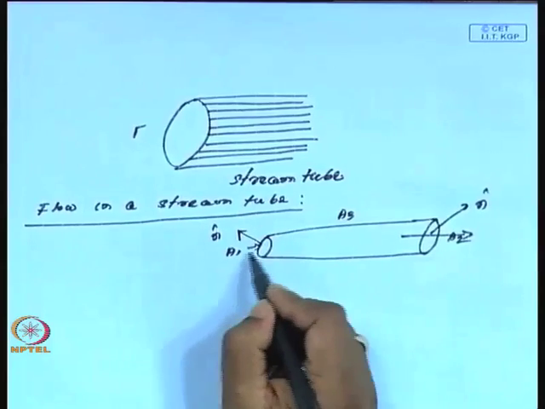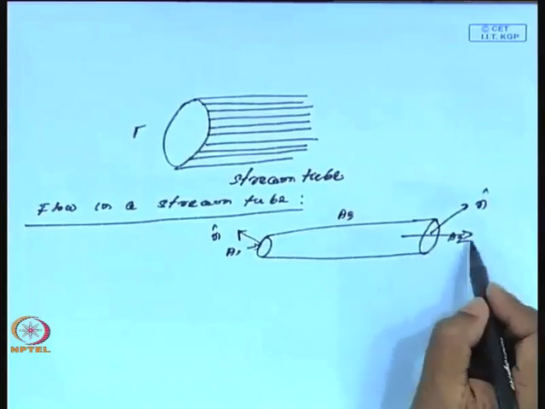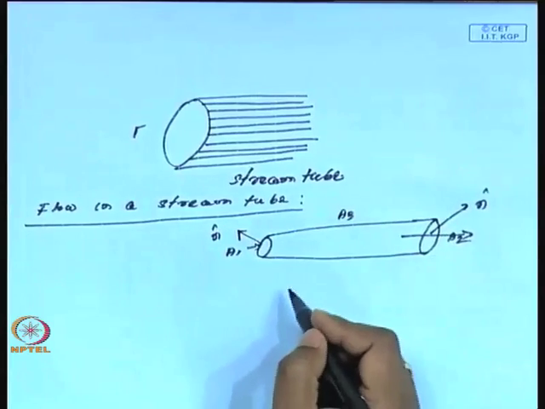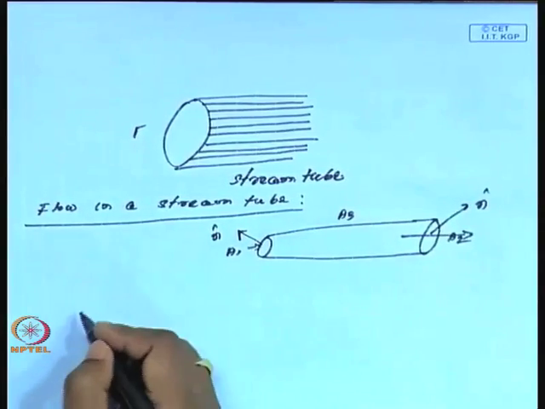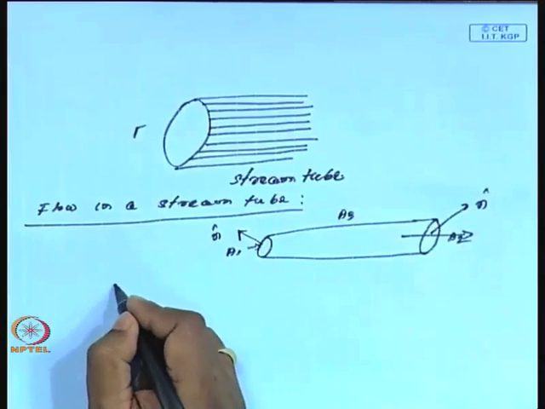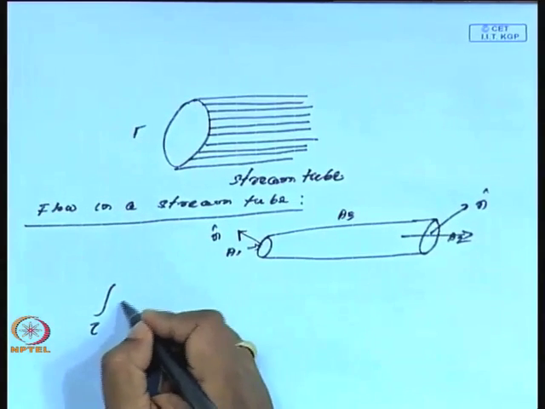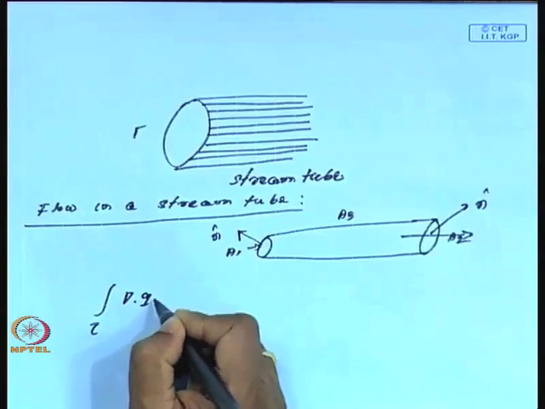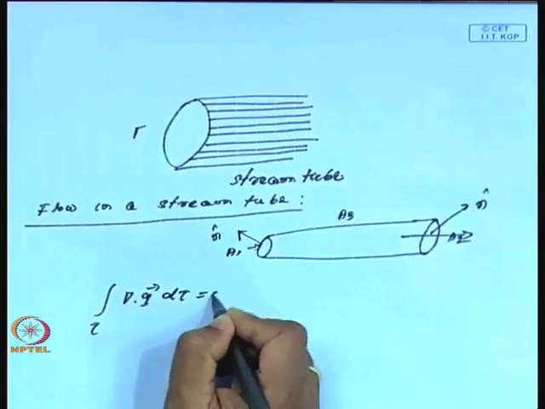We assume that the fluid is entering through the cross section A1 and going out through the cross section A2. From the continuity equation, for an incompressible fluid, we have the divergence of q bar equal to 0.